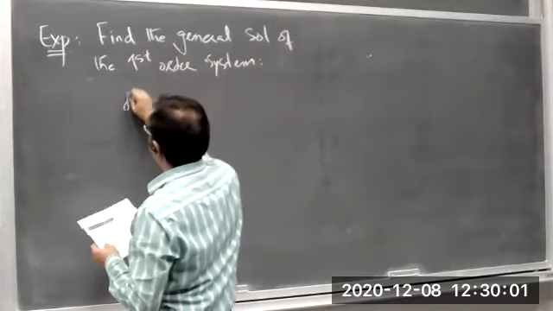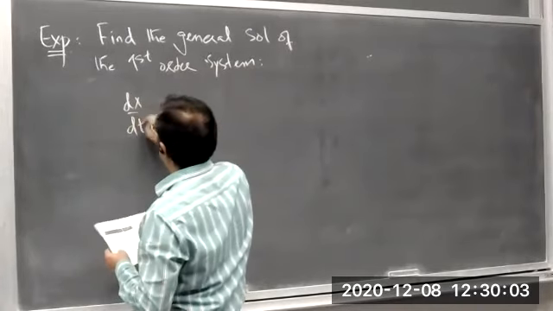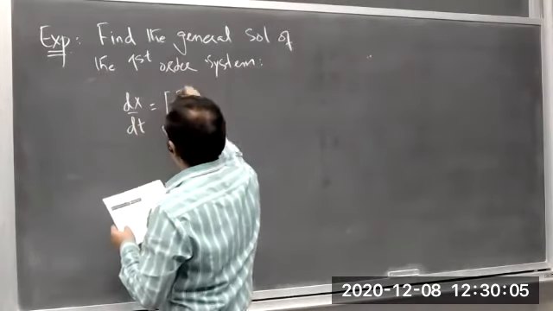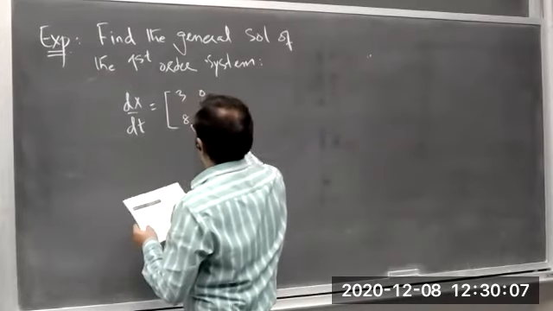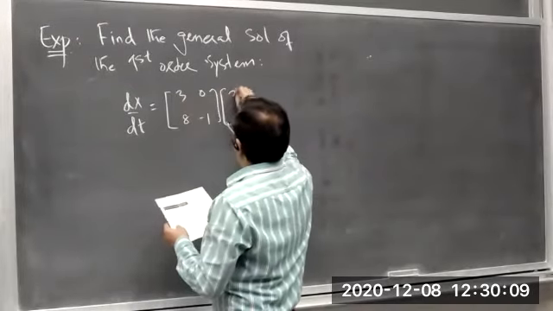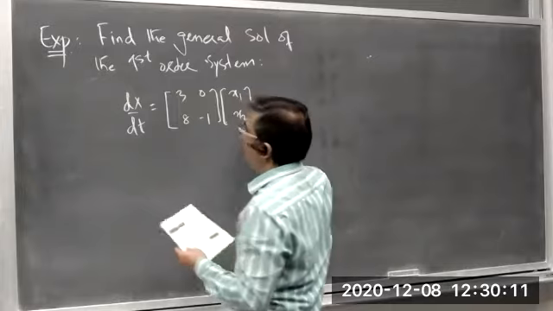The first order system is dx/dt equal to the matrix [3, 0; 8, -1] times (x1, x2). This is the system.